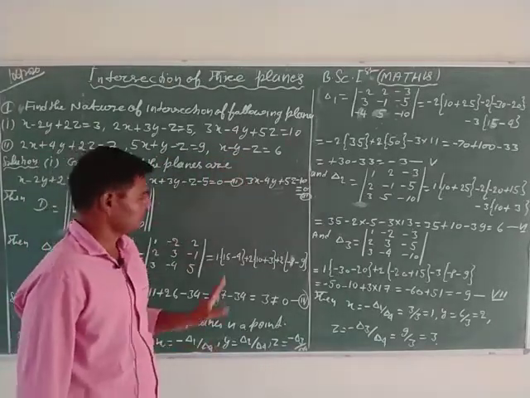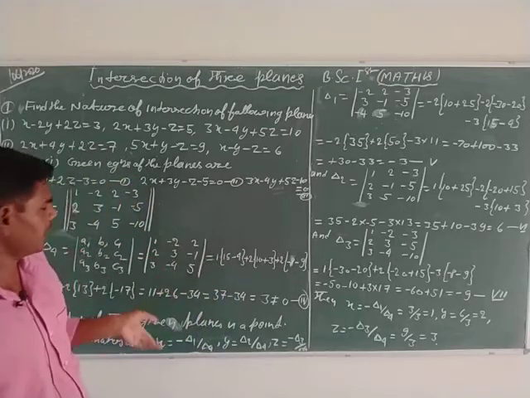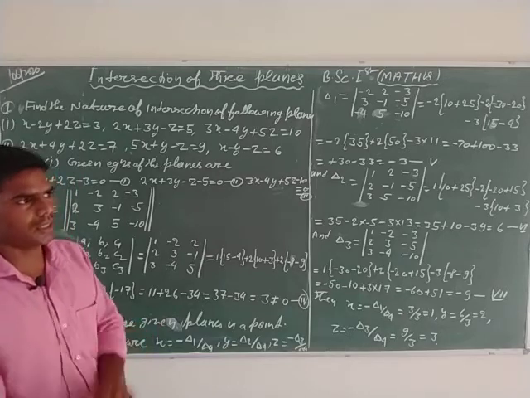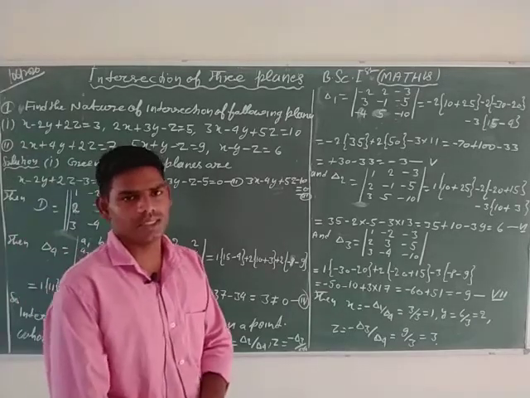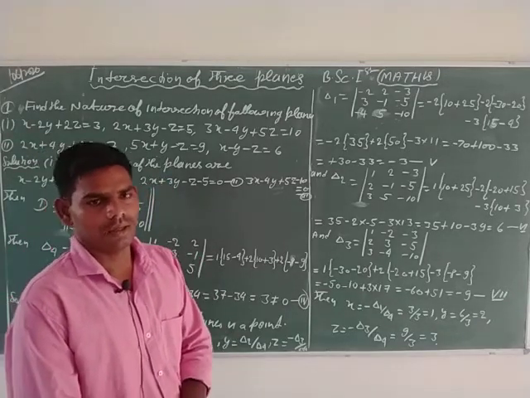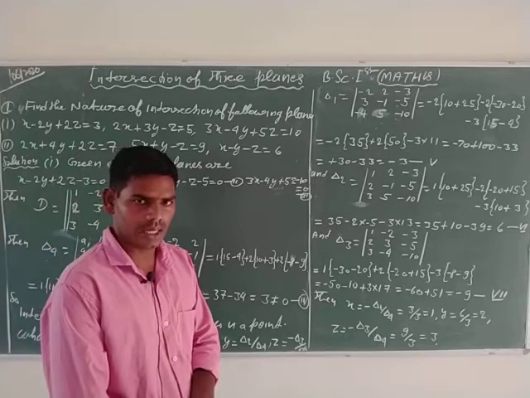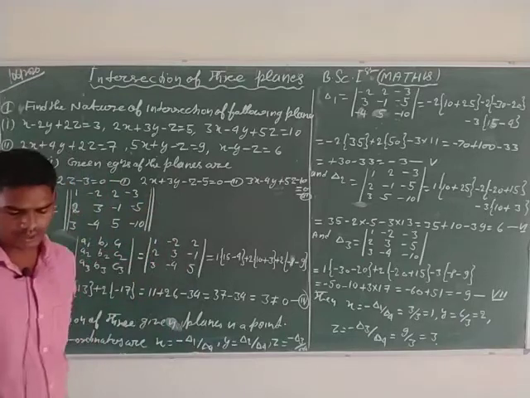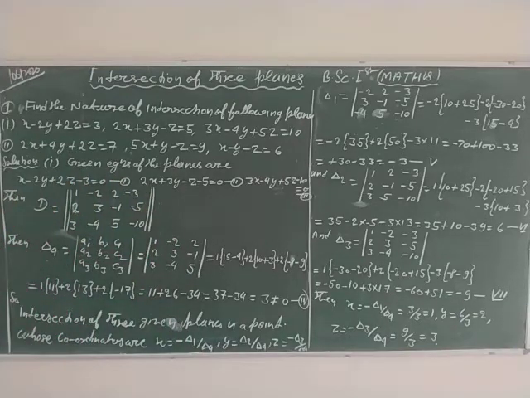For this, write the value of capital D and first calculate delta 4. After that you can discuss what the intersection of the given three planes will be: a line or a point. So please first write the given equations.